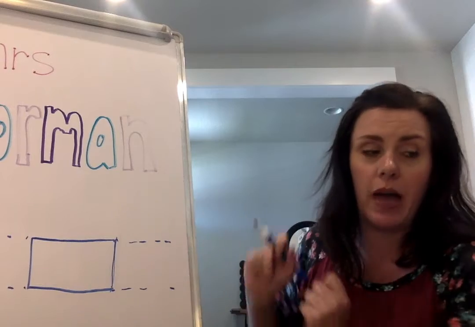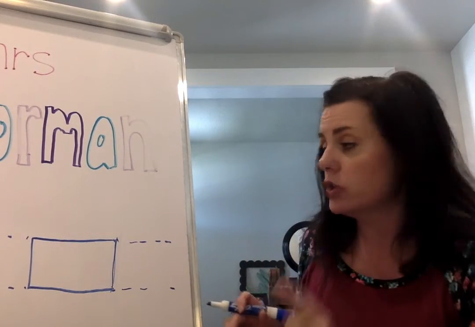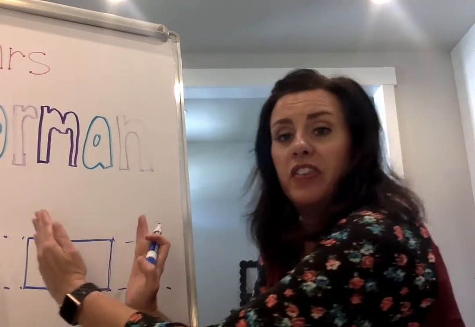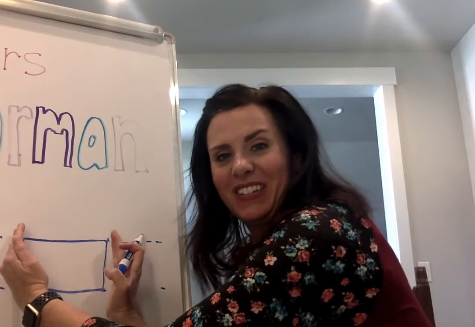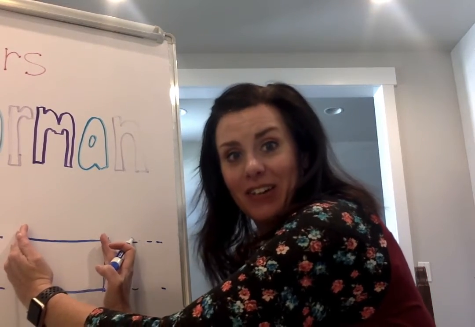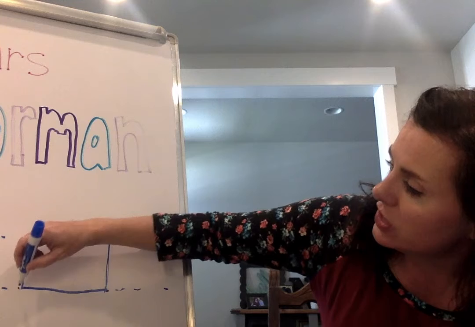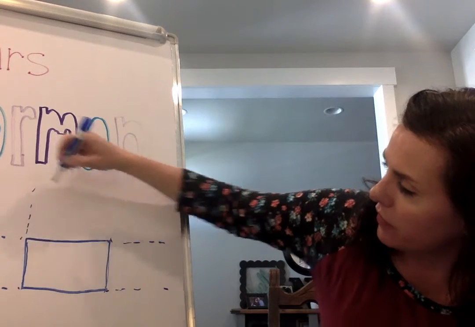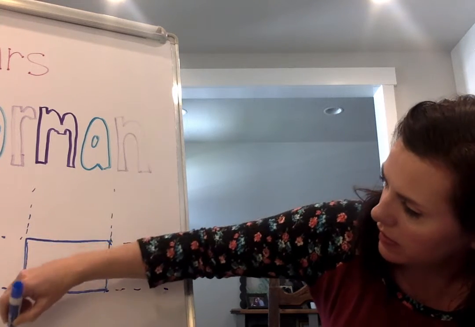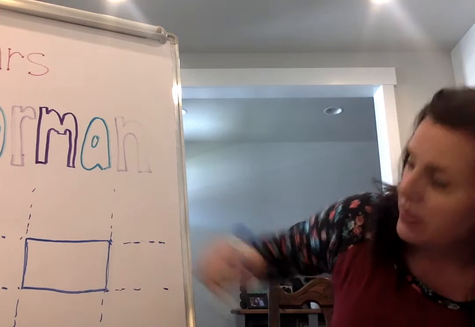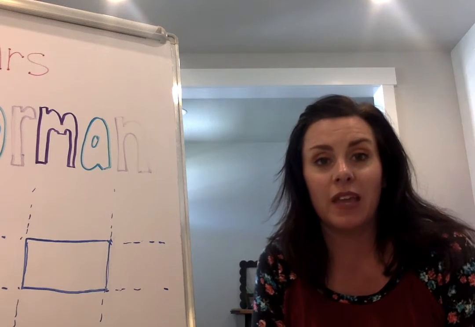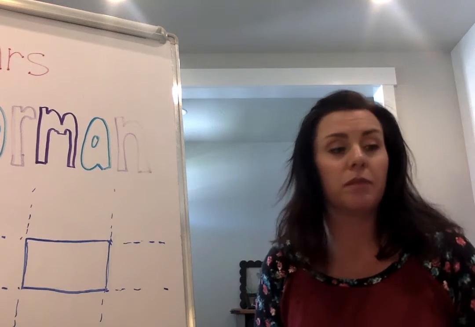They're just going to keep going that way forever. That is also true for these two sides. It is hard to teach on a video, right? If these two lines right here keep on going forever and ever, they will never touch. So that means they're parallel. Perfect.